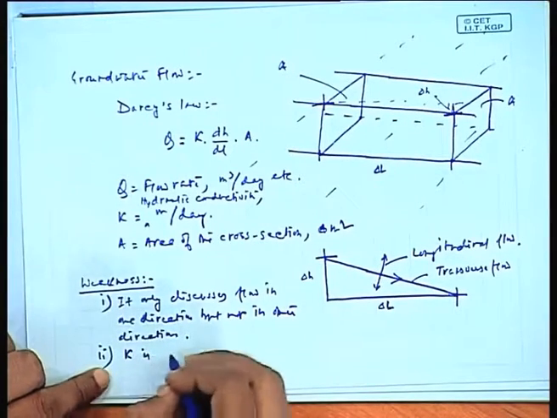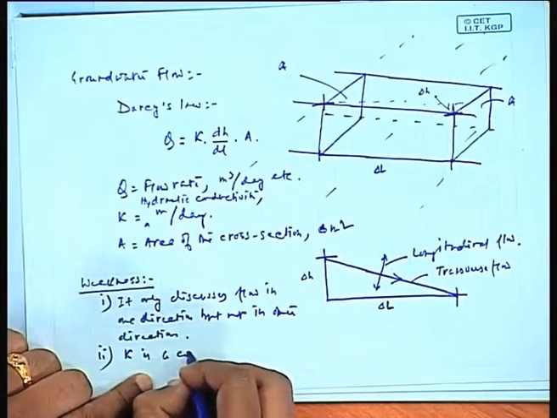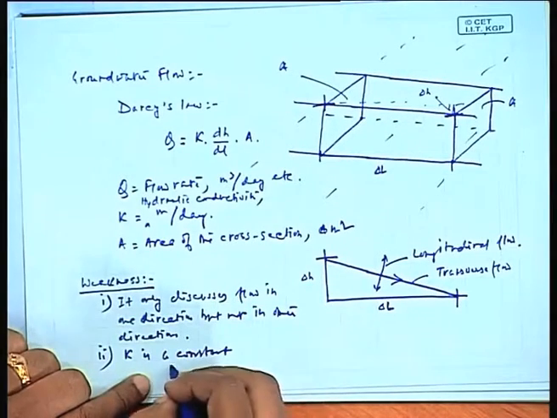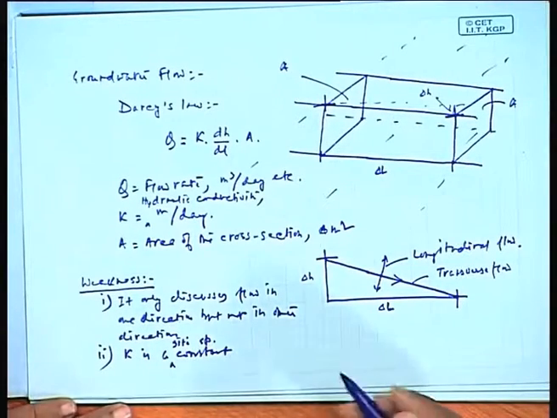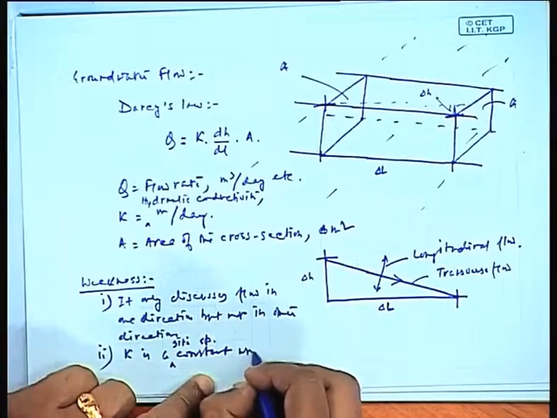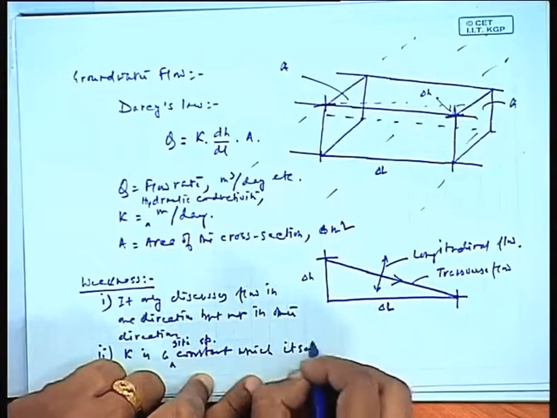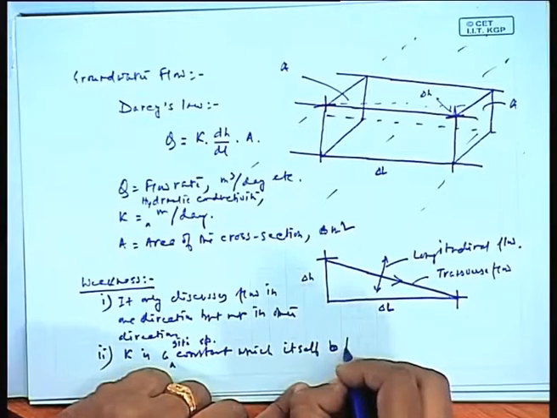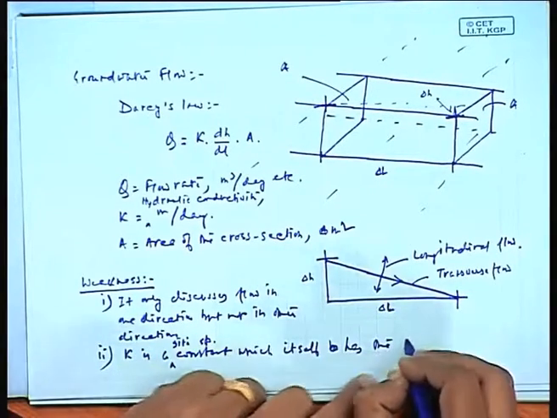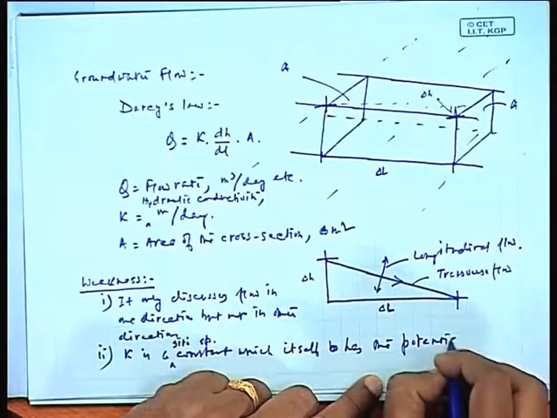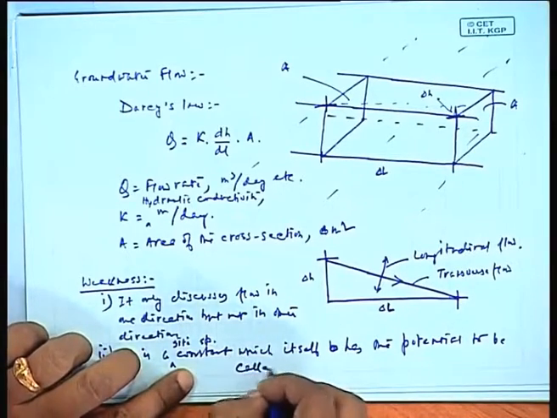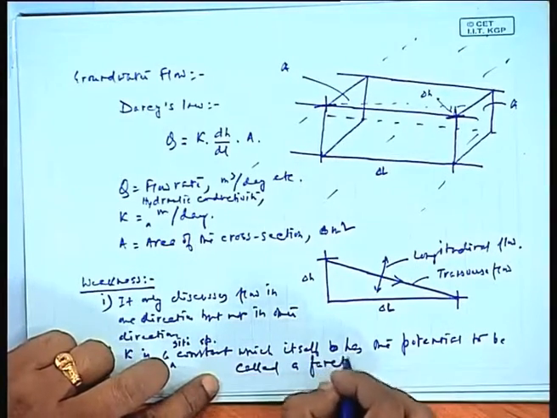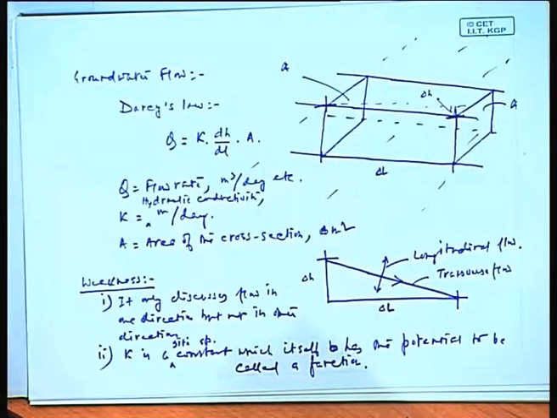K is a constant, a site specific constant, which itself has the potential to be called a function.